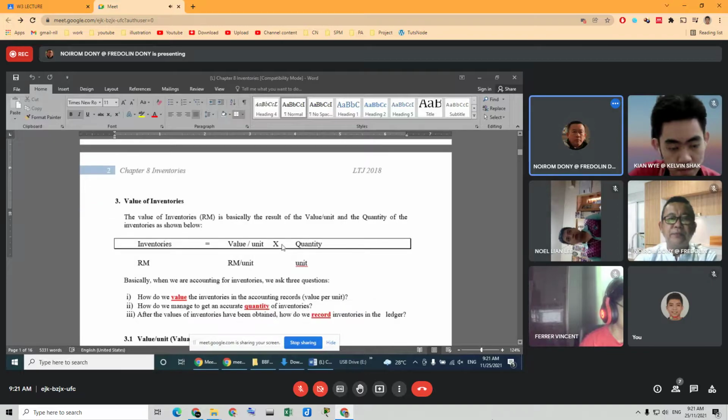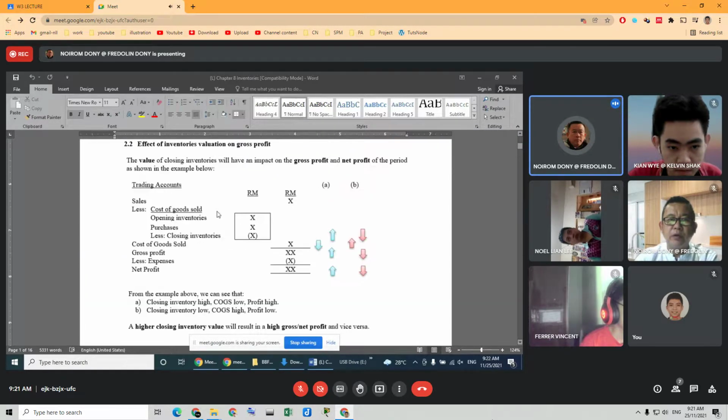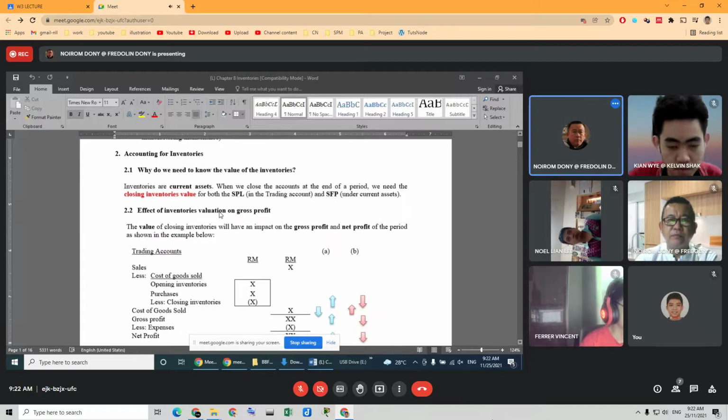Now, the next one is value of inventory. So just now we were talking about the effect. First thing is why we need to know the value of inventory.